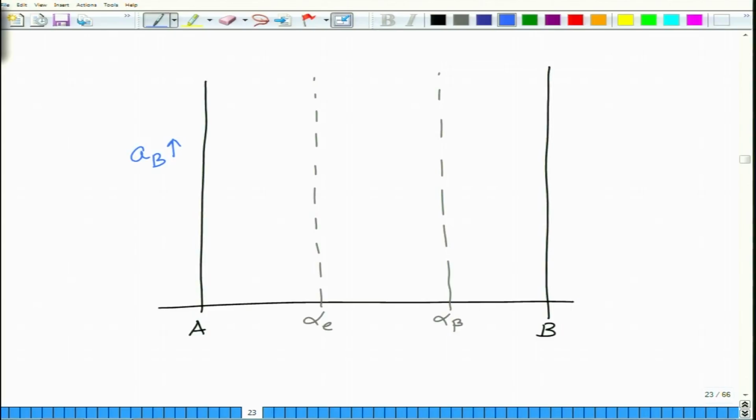In this region you have alpha, in this region you have beta, and in between you have alpha plus beta. When you have pure A, the activity of B is equal to 0. When you have pure B, the activity is equal to 1. So this is the top line, which says activity is equal to 1.